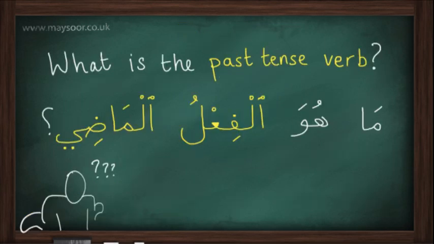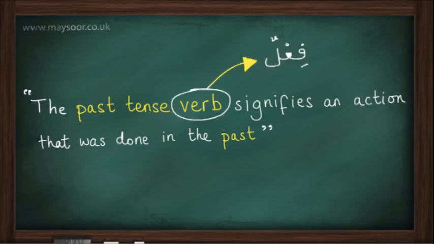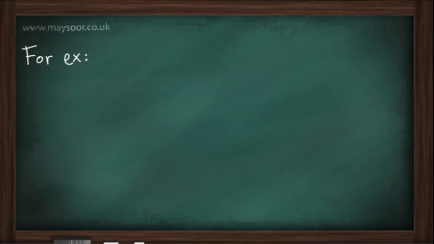ما هو الفعل الماضي? What is the past tense verb? The past tense verb signifies an action that was done in the past. In Arabic, we refer to a verb as fi'lun. For example, the basic past tense verb will look like this.